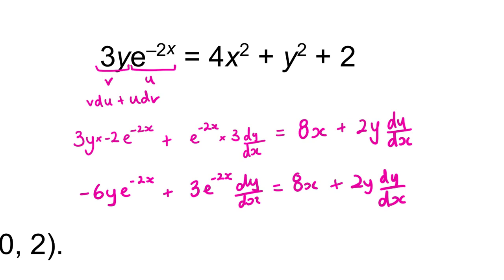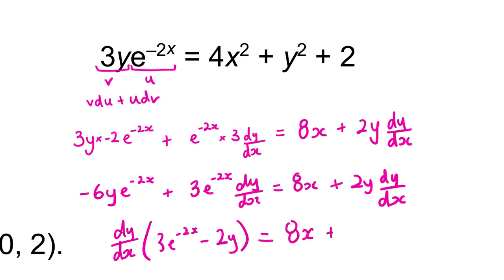So I'm going to have dy by dx, brackets, 3e to the minus 2x minus 2y, equals 8x plus 6y e to the minus 2x. And all I've done in this step is move this to this side and then factor out dy by dx.